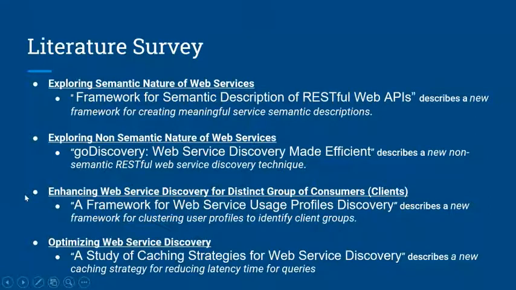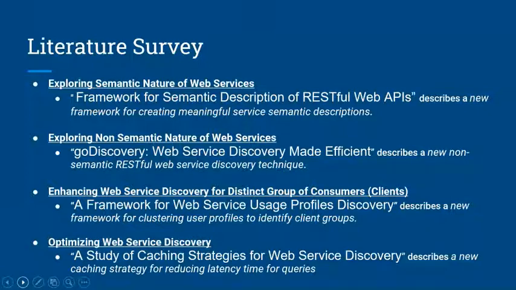Then followed by that, we come to enhancing web service discovery for a distinct group of consumers. So this can be thought of something from the provider's side. It does happen that services keep changing, like some links become unavailable after some time, and many consumers are using these services. So updating each client for a provider is very difficult.